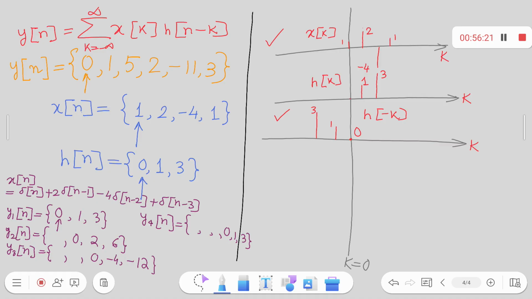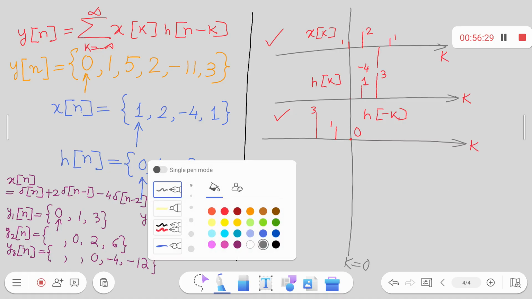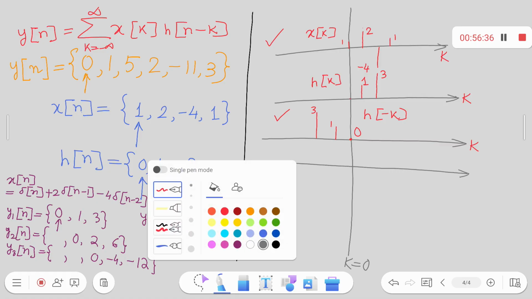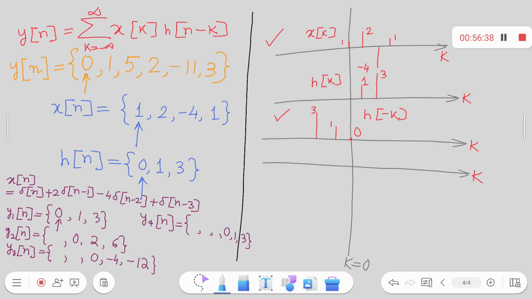So how does h of 1 minus k look? Space is limited, so I will make it over here. This is once again k, and I would like to find out h of 1 minus k.